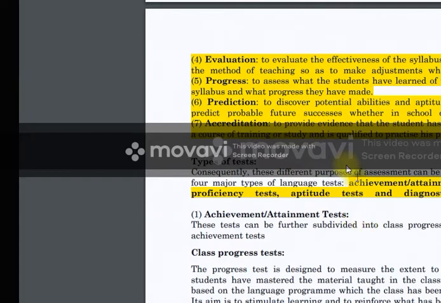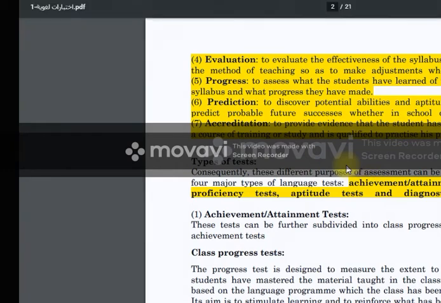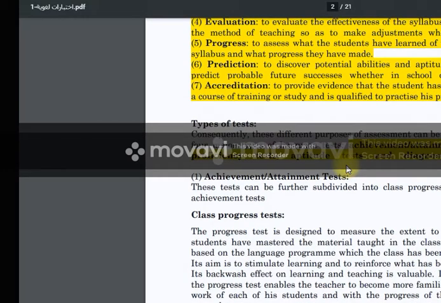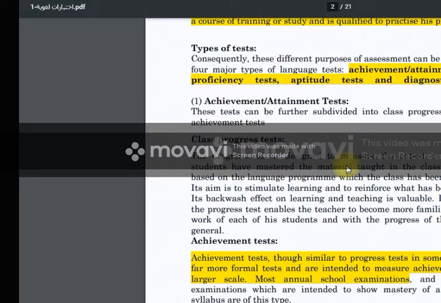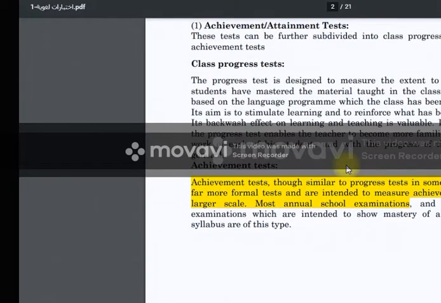If we go back to the purposes of assessment, we can find what purpose it is beneficial to. The achievement test is beneficial to diagnose students' weakness and performance. It is also related to evaluation. By doing achievement tests, we can evaluate the effectiveness of the syllabus and the method of teaching the syllabus.